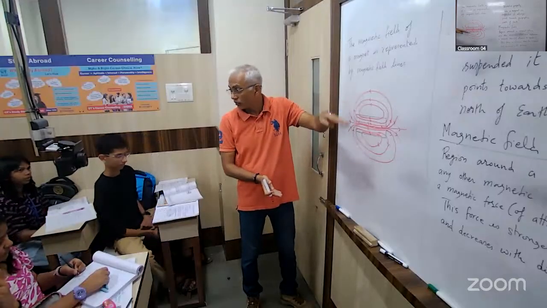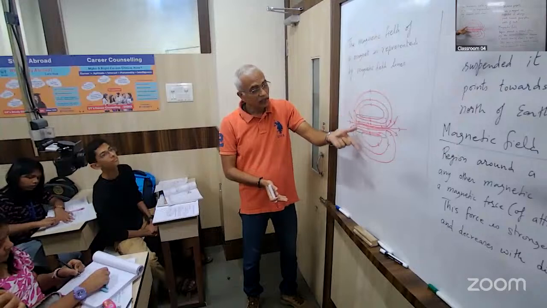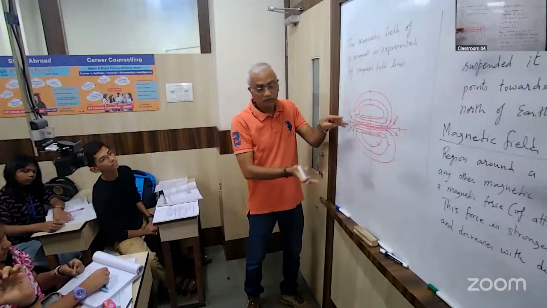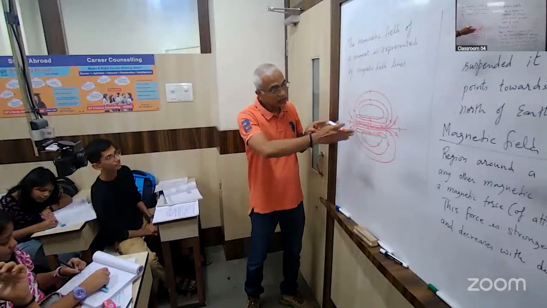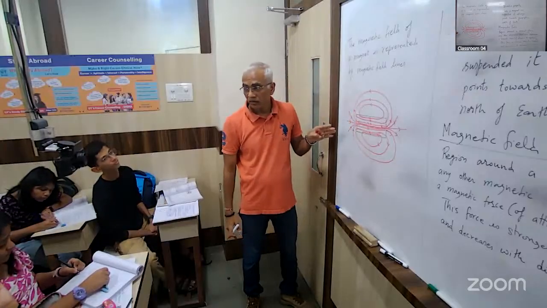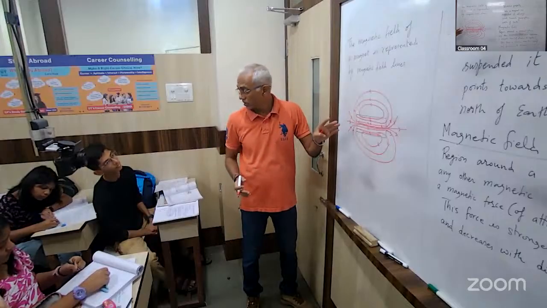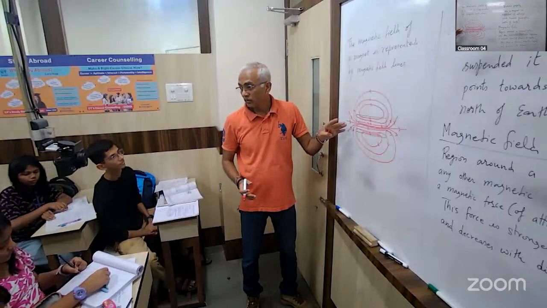Okay, it is uniform. The field lines are equally spaced. It is not like it is constricted in the middle. So these lines are separate lines. Okay, they are not intersecting each other. They are separate lines. See the diagram in the book.